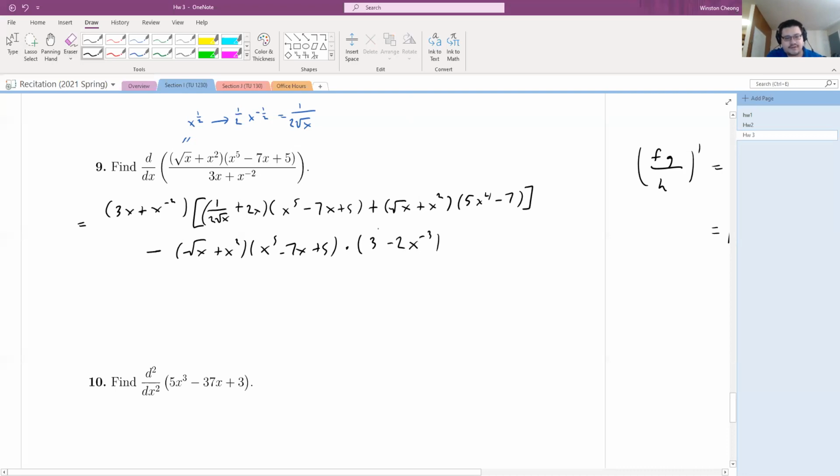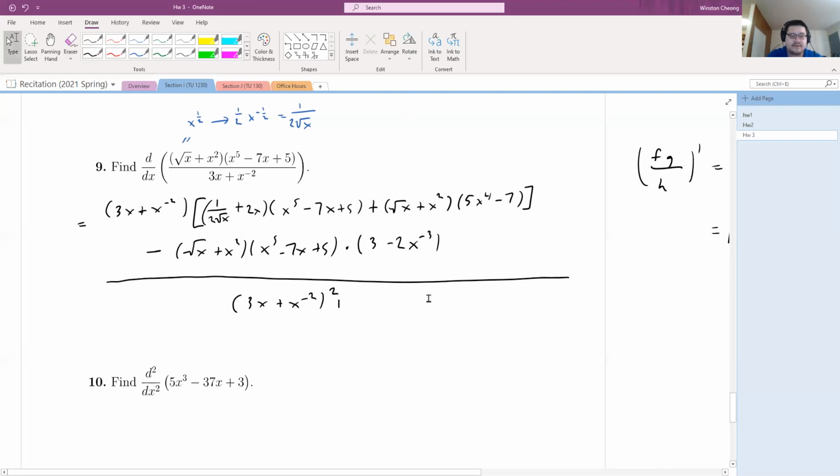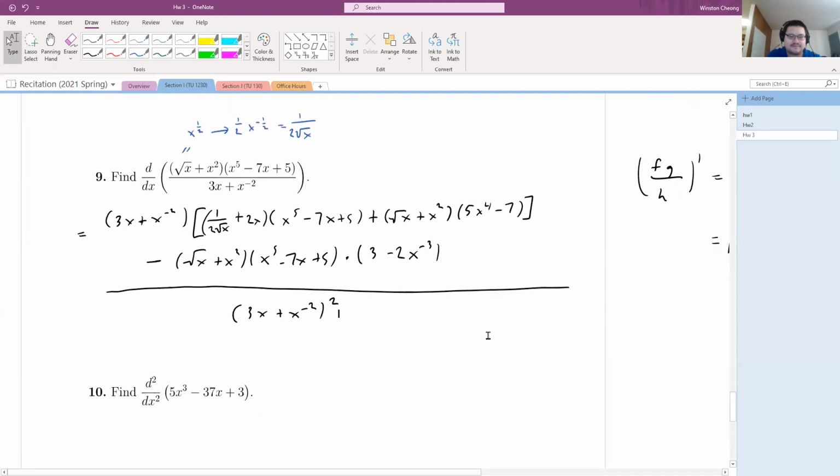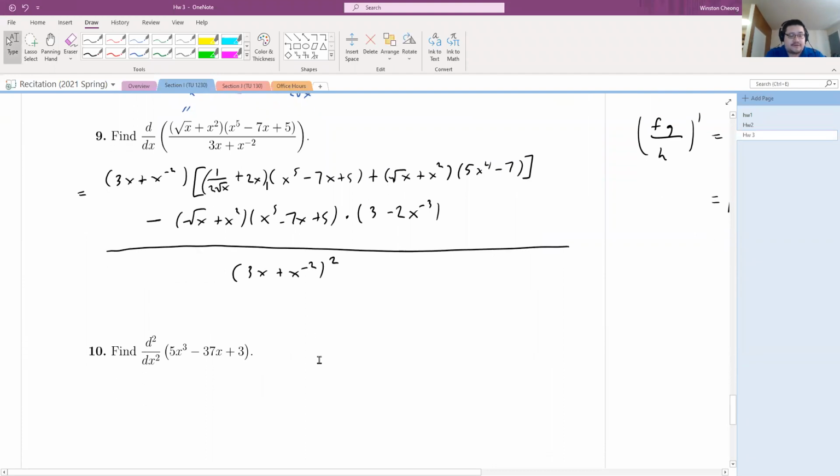Okay, so this is the numerator for quotient rule. We have a very big division sign, and then we do denominator squared. So all of that is the answer for 9. It's pretty unappealing, but that's the answer. Okay.